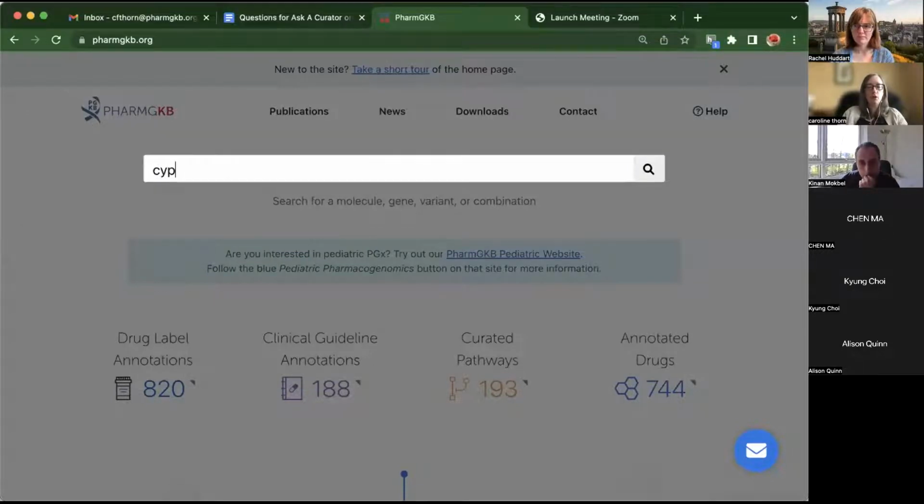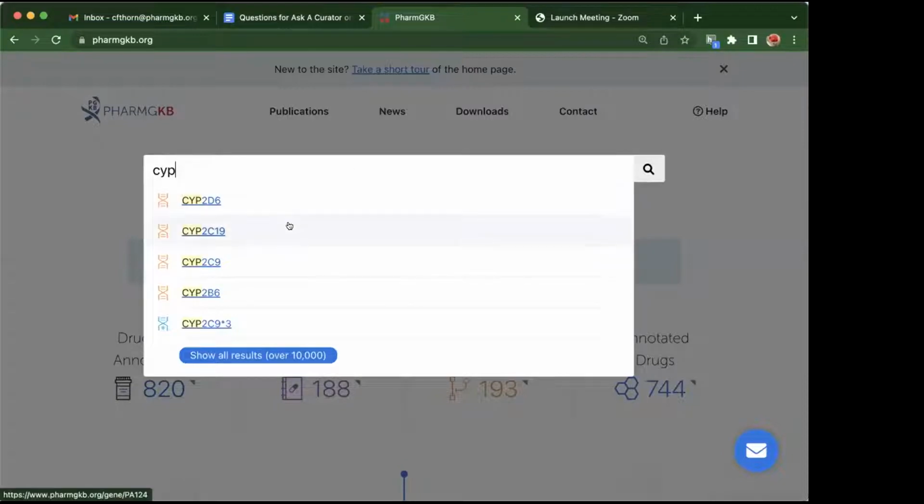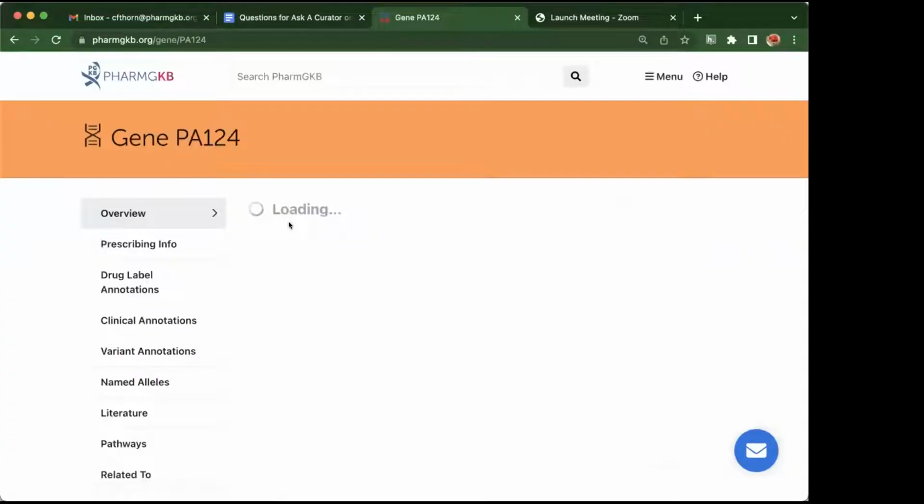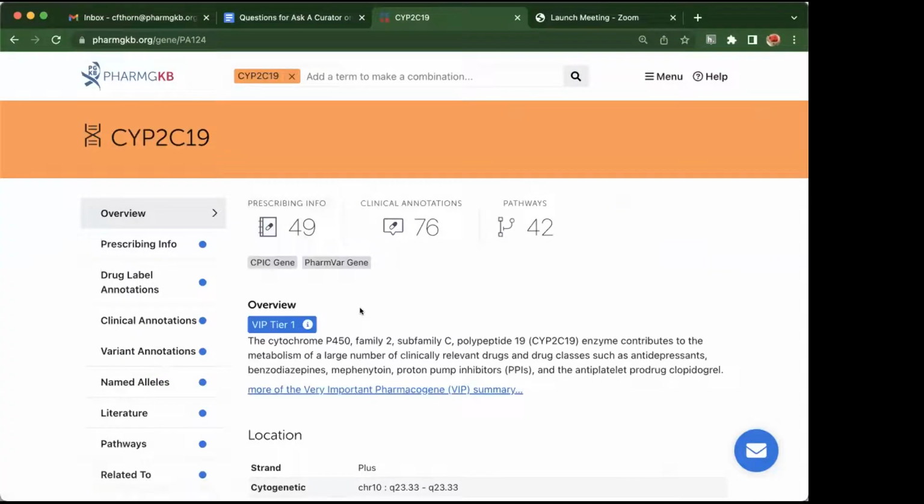We're just going to go from a well-known pharmacogene and use that as an intro to the gene page. And we've got all the different links to different types of information that have been tagged for this gene.